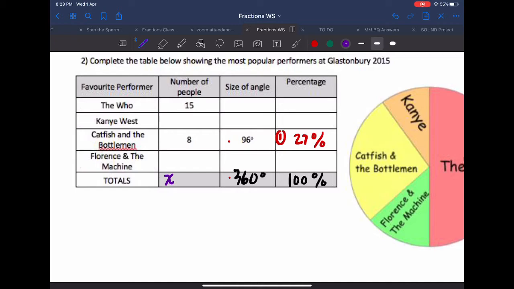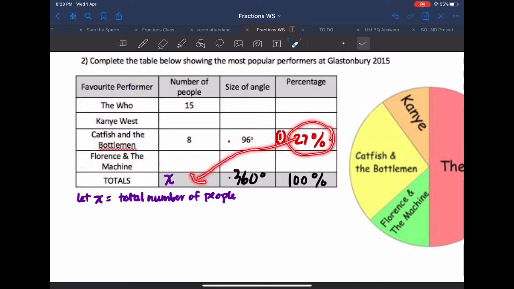So let's give it a variable. Let x equal total number of people. And we know that if I multiply this percentage by the total number of people, I will get 8. So remember this formula. This formula is very important.